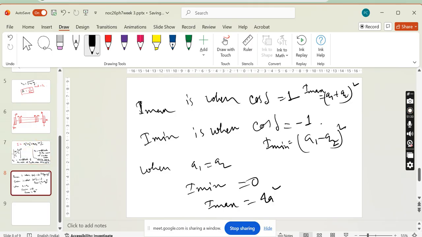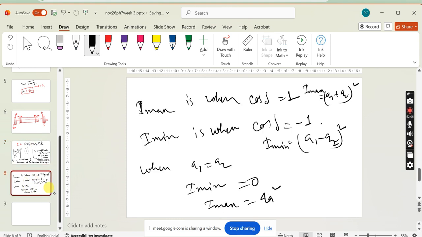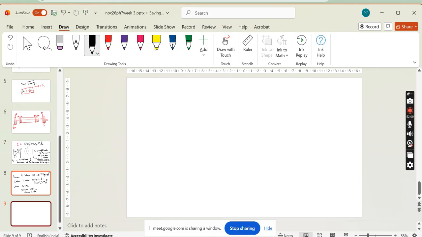There will be a bright spot and a lighter spot, but not a dark spot. For a dark spot we need A1 equal to A2, which generally happens if the slits are of the same size and at the same distance, since S1 and S2 reside on the wavefront of the source.